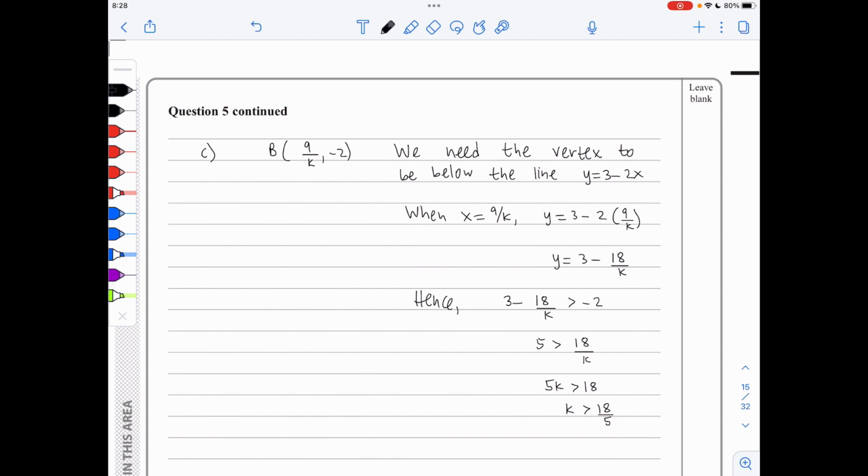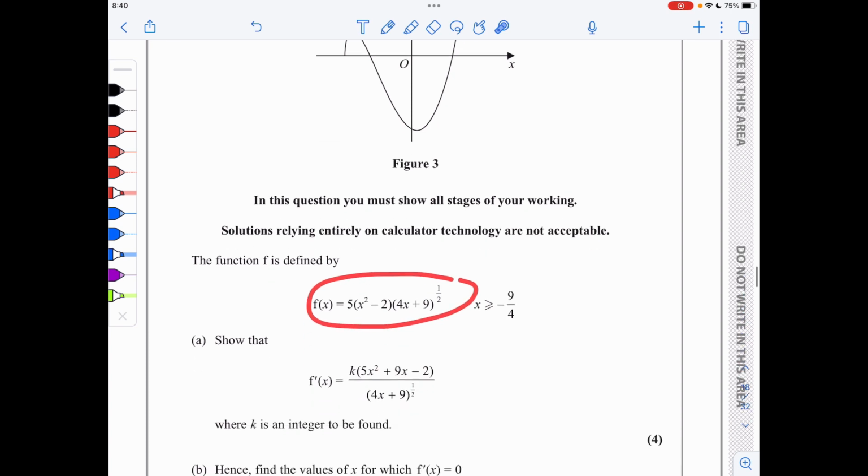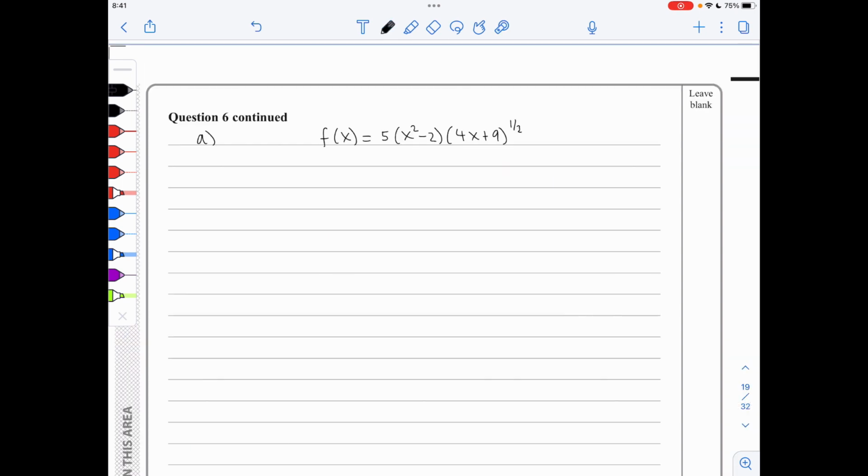In question 6, we've got f of x defined here, and we need to show that the derivative f dash of x can be put into this form where k is an integer to be found. So I'll be applying the product rule of differentiation here. F dash of x will be 5, and then I differentiate the first, which is 2x, and I keep the second, 4x plus 9 to the half, plus I keep the first and I differentiate the second.